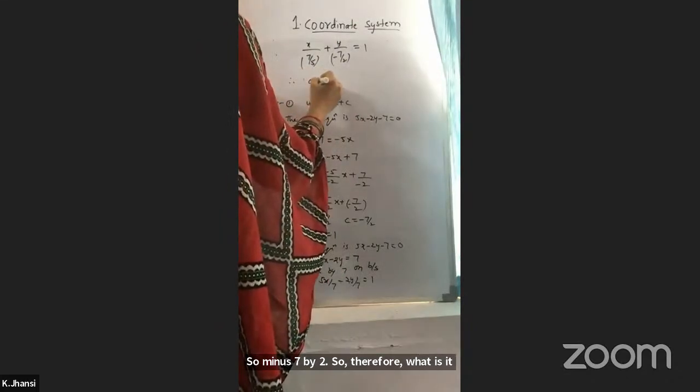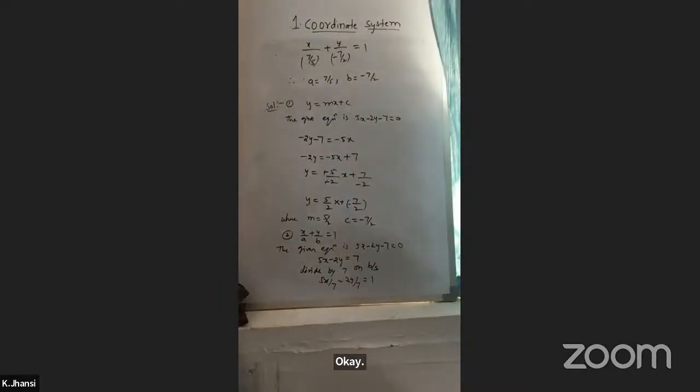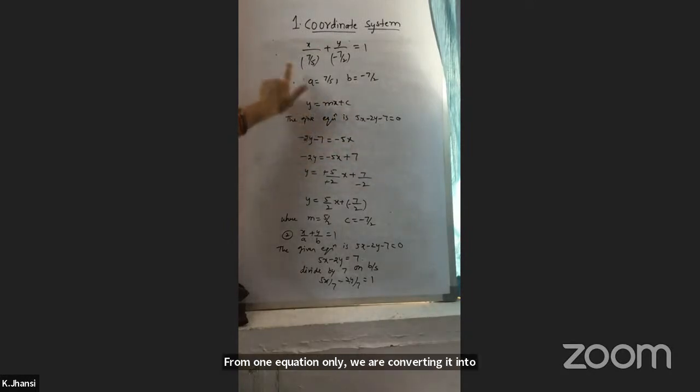Therefore, what is the a value? A value is 7 by 5. B value is minus 7 by 2. This is the conversion: from one equation only, we are converting it into two forms. One form is the slope-intercept form, another form is the intercept form. This is an important one.